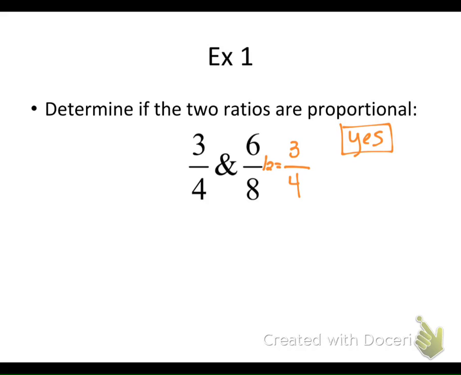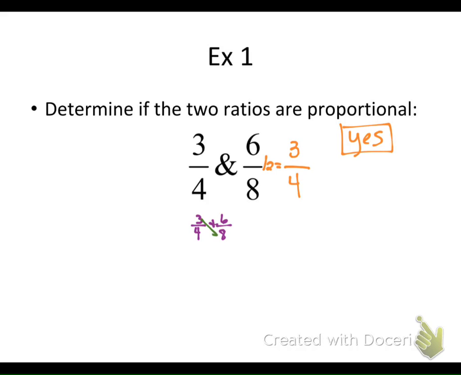Now, as I said, that's one way. If you don't like to simplify fractions, like I don't, another way you could see if these two ratios are proportional is to cross multiply. We talked about cross multiplying last week.